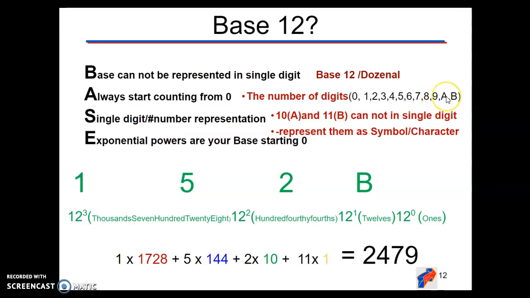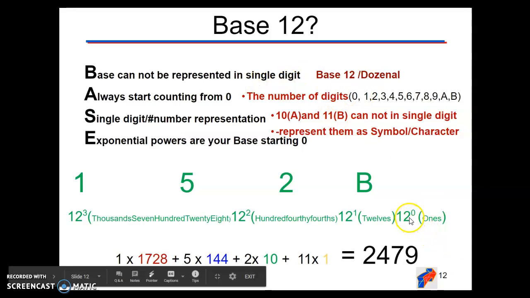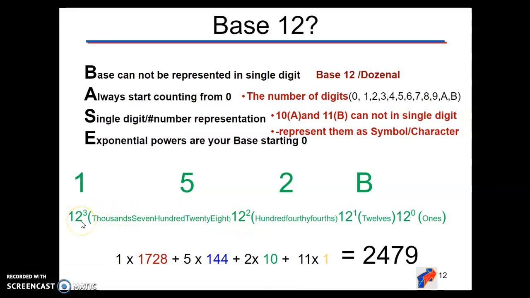Now when I go to 10 it becomes A because I run out of digits, and B becomes 11. And in this one, for symbol characters, you could use any. Single digit number representation is done, and exponential powers now will go to 12 to power 0, 12 to power 1, 12 to power 2, and 12 to power 3.